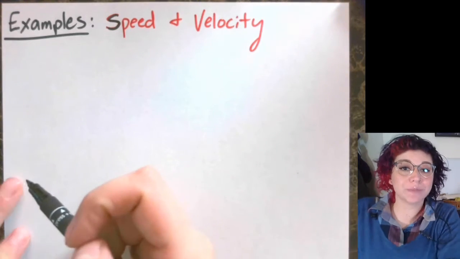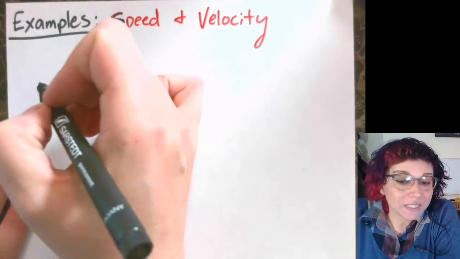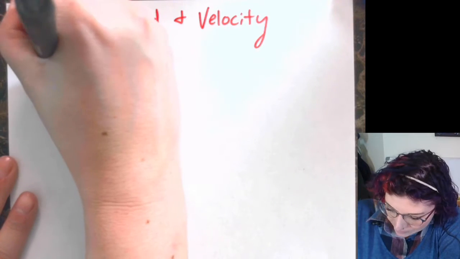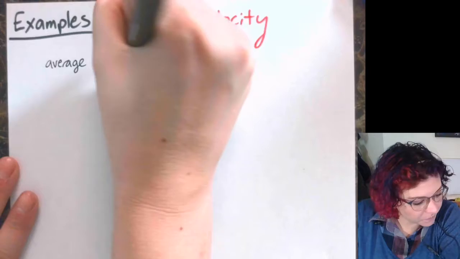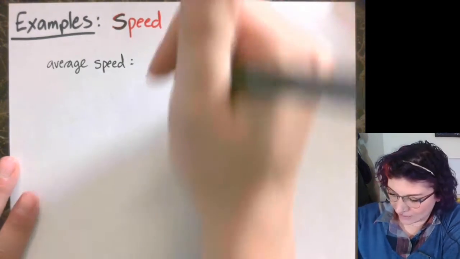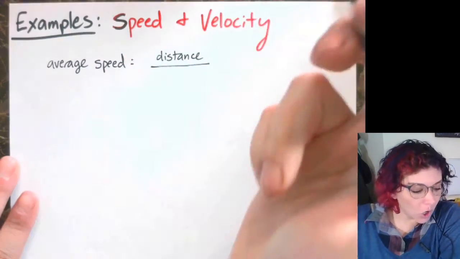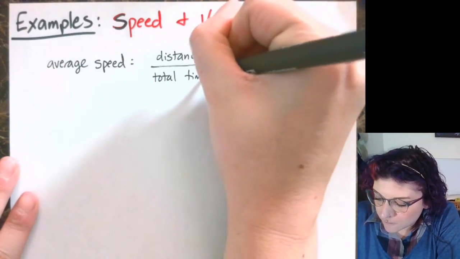Next, we're going to cover some examples dealing with speed and velocity. Firstly, let us define what average speed is. So average speed is the total distance over the total time.